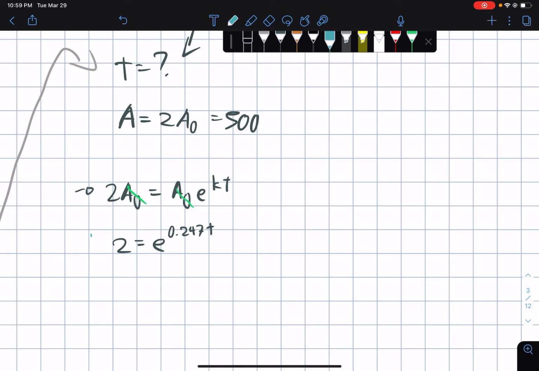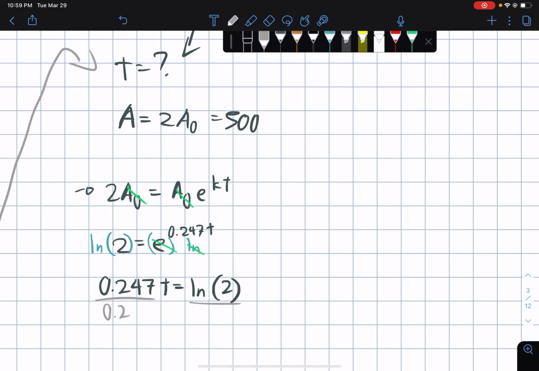We multiply both sides with ln. So this one is disregarded now. We have 0.247t is equal to ln times 2. Divide both sides with 0.247.